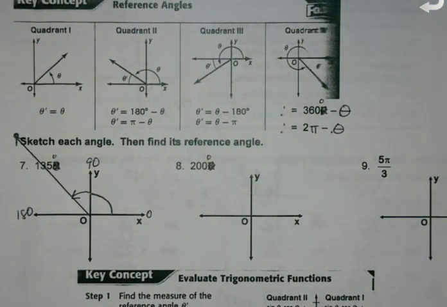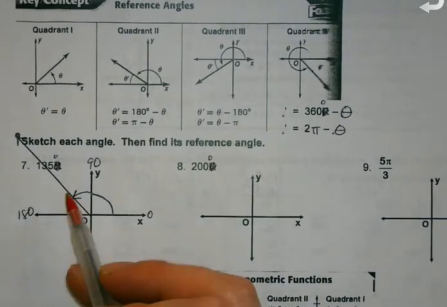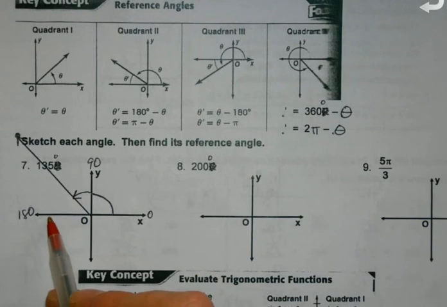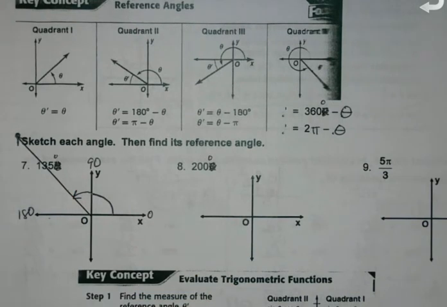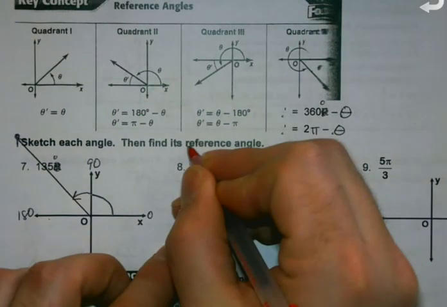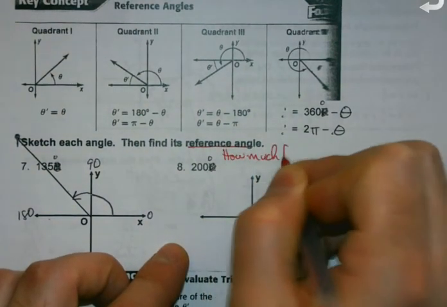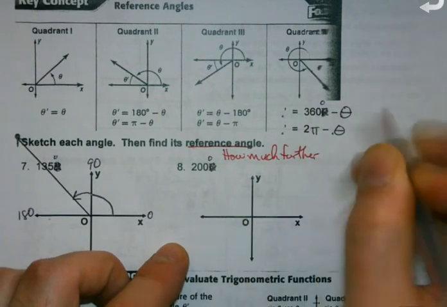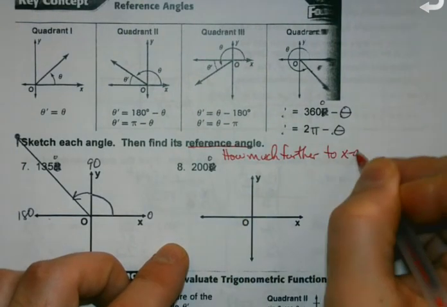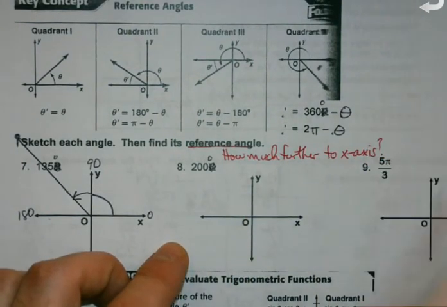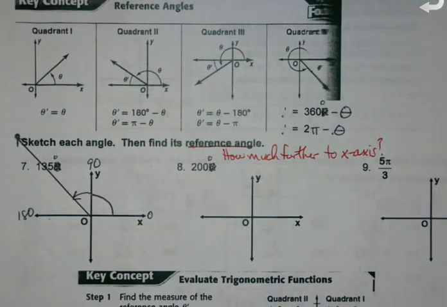So when I'm looking for its reference angle, what I'm attempting to do is to say, to get from here to the x-axis, how much further do I have to go? So reference angle: how much further to the x-axis do I need to be going?